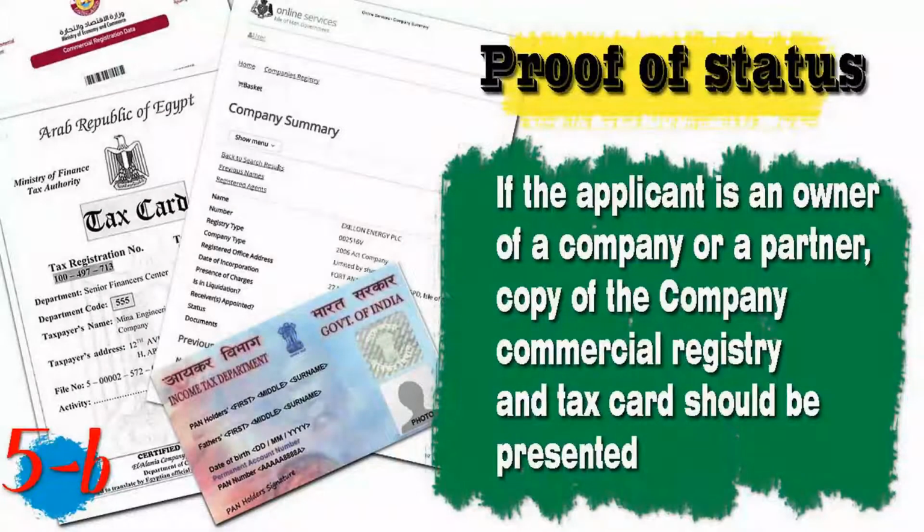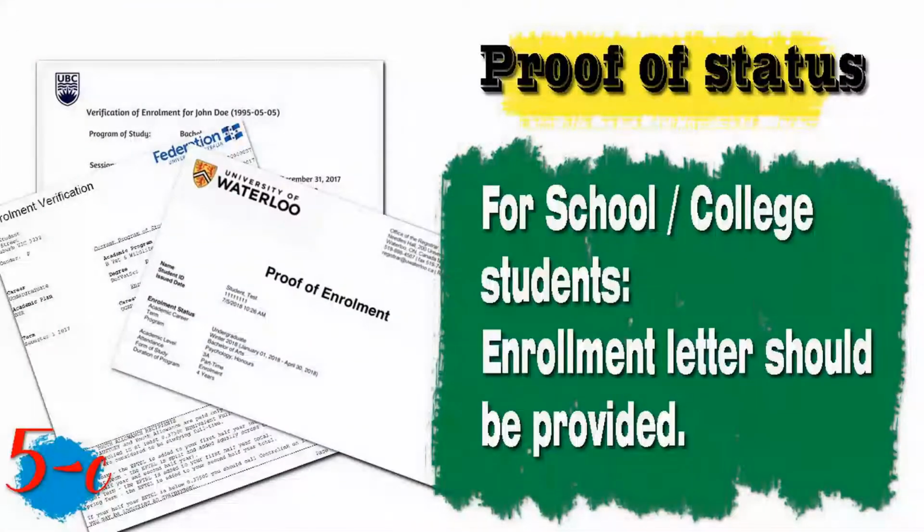But if you are an owner of your own company or a partner in a company, you will need a copy of the company commercial registry, and tax card should also be presented. And if you are a student in a school or college, enrollment letter should be provided. Number 6, for foreigners, you will need a legal residence permit.